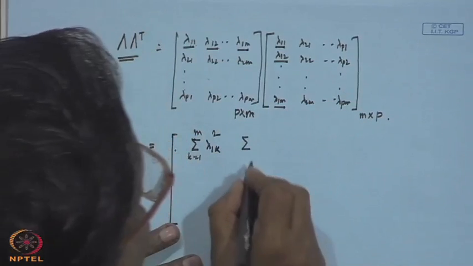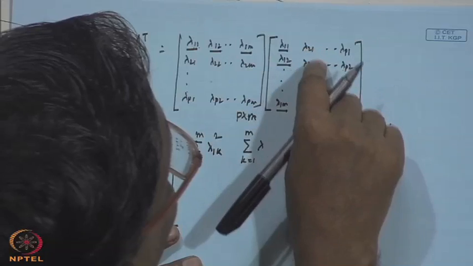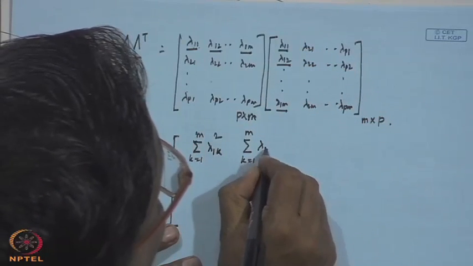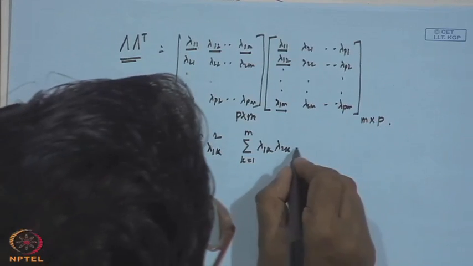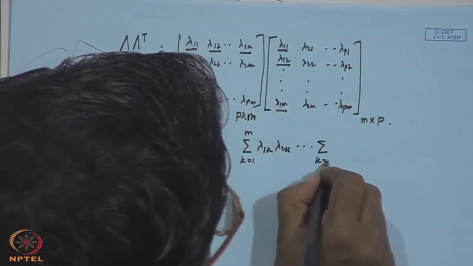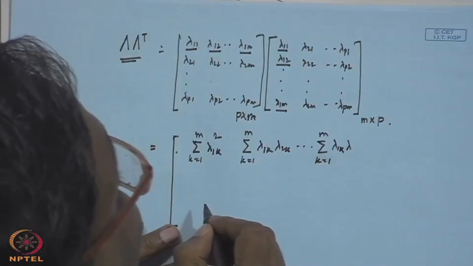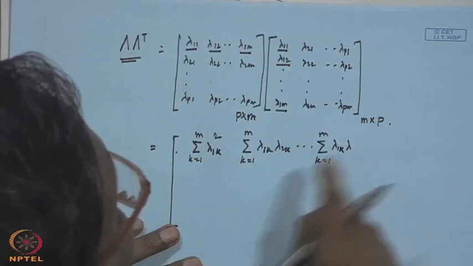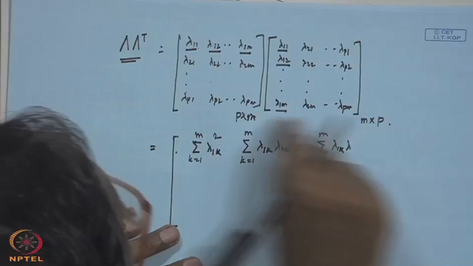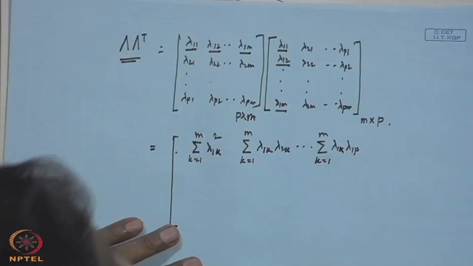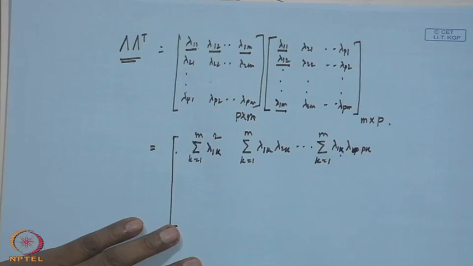Then the second one will be again k equal to 1 to m, lambda 11 to 1m and 21 to 2m, so that means lambda 1k, lambda 2k. The covariance part is coming here. In the same manner, k is 1 to m, and now it is 1, then 12, then 1p. This is a p cross p matrix. Lambda 1k, lambda pk. Okay.